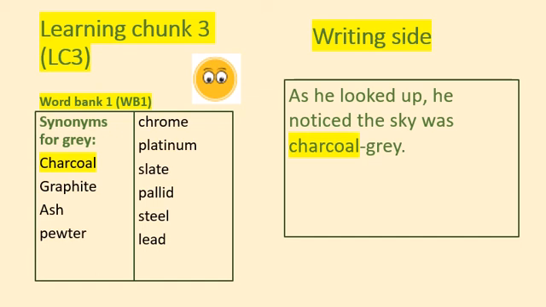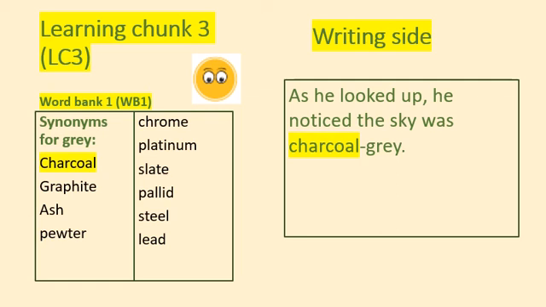Now look at our sentence. As he looked up, so he's come outside and he's on the steps. As he looked up, he noticed the sky was charcoal grey. I'd like you to complete a sentence using a synonym for charcoal and grey.